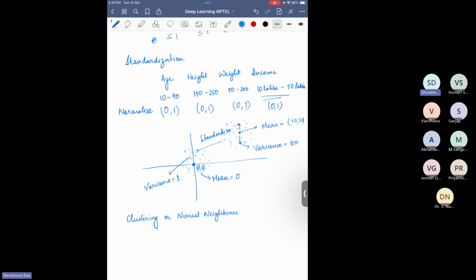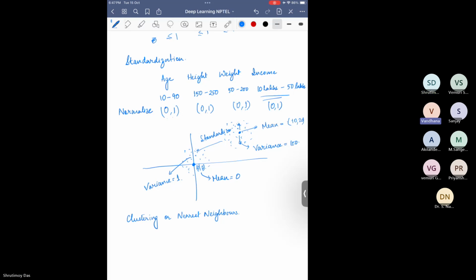We want all of them to be of the same norm so that we can calculate whatever we want in a better way. So then it is better to use normalization. Sometimes you also have to try out different pre-processing steps which help you. It depends on the data that you have, but generally these are the type of things that people do.